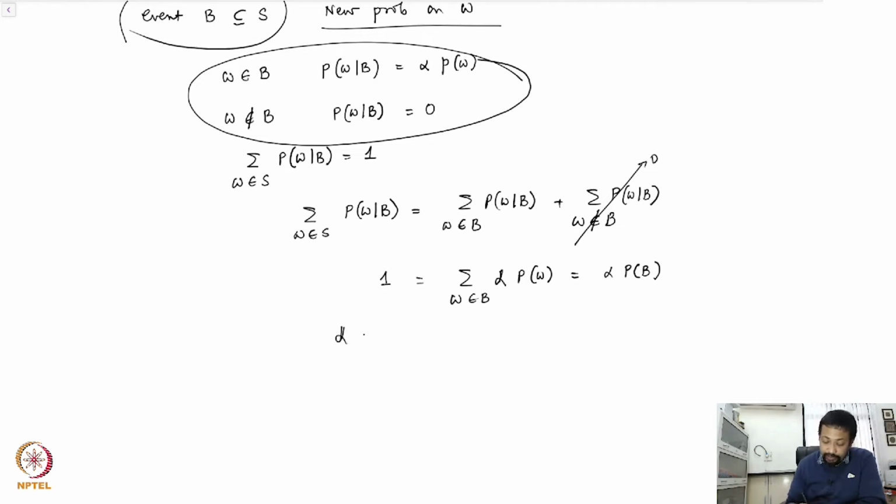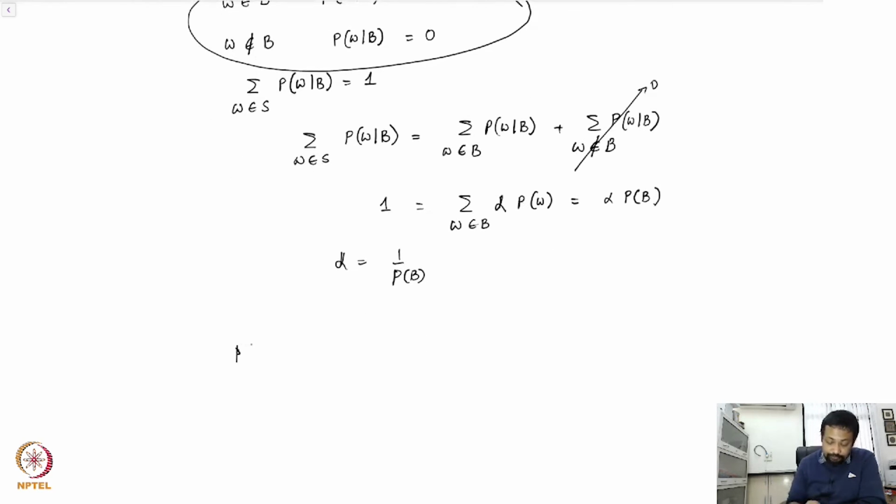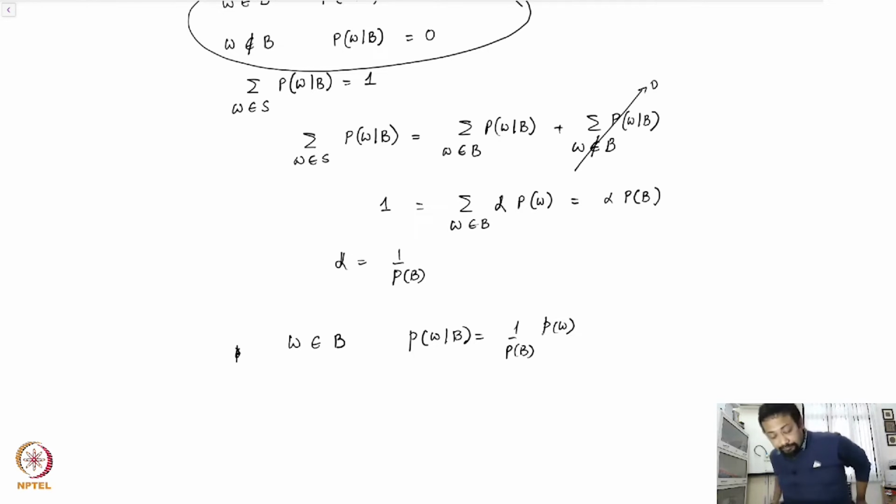So alpha becomes very nicely 1 over P of B. And therefore, for any outcome omega that belongs to B, you have reassigned the probabilities so that P of omega given that B has happened is 1 over P of B times P of omega.